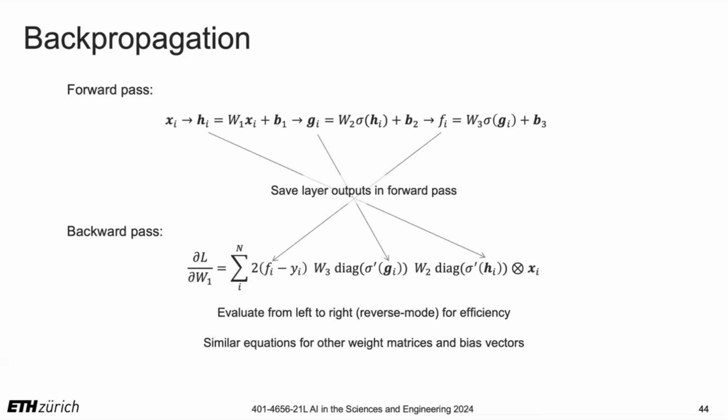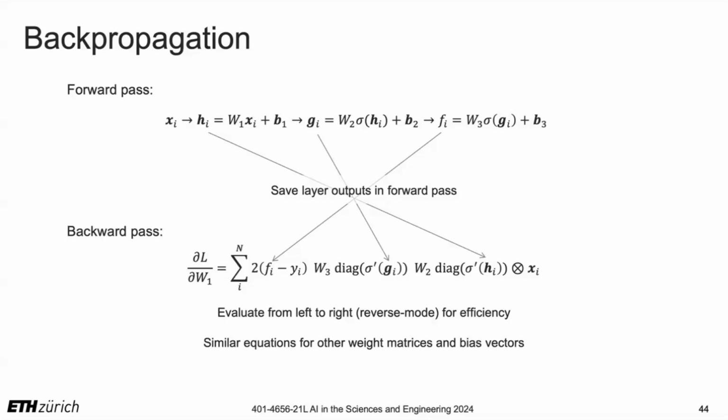For efficiency reasons, and we're going to get much more into detail on this in the second half of the course when we talk about differentiable physics and auto-differentiation, it evaluates this expression from left to right. This means that we can do vector Jacobian products instead of big matrix multiplies, which are impossible to compute. So yeah, we evaluate this from left to right.